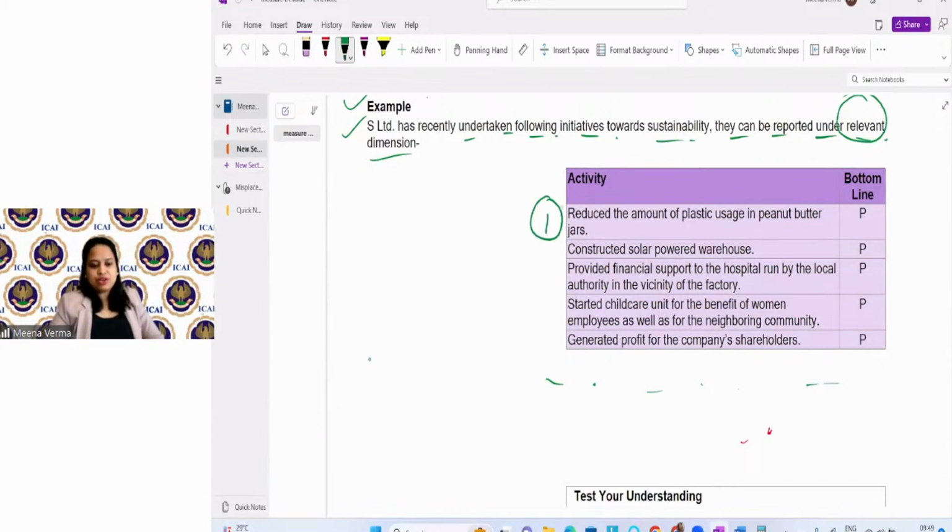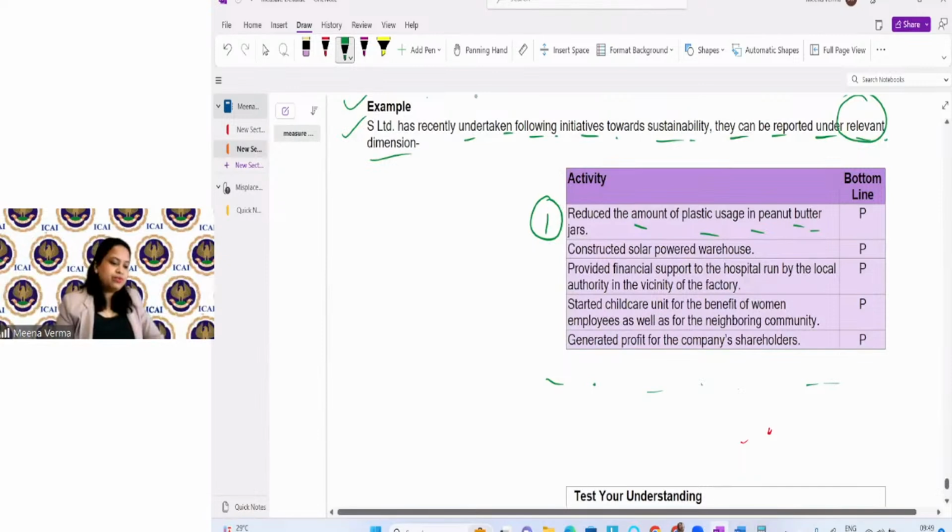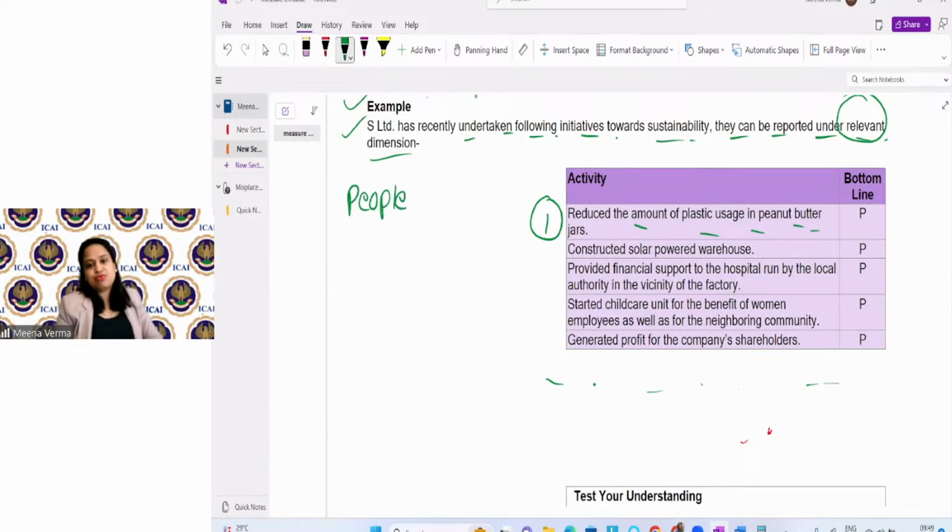First point: reduce the amount of plastic usage in a peanut butter jar. So tell me, where do you want to consider it? Is it good for the people? Are we considering it from the people point of view, or from the planet point of view, or from the profit point of view? These are the triple P, the triple bottom line.